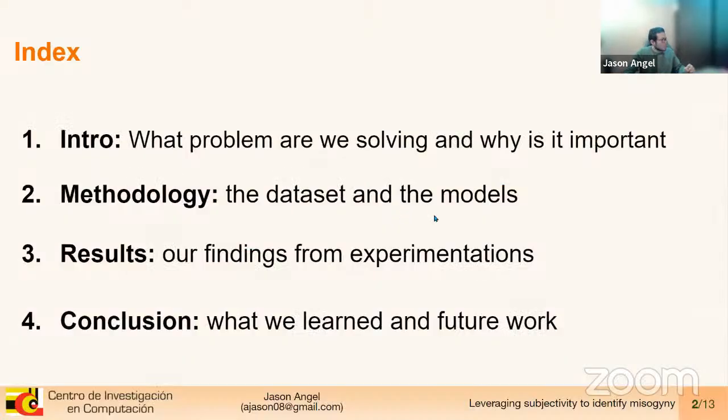So this is, in summary, what we present. First, the problem we are solving. Why is this important to be solved? The model that we developed, the results we obtained from our experimentation, and what we learned from this work. Also, what's next.